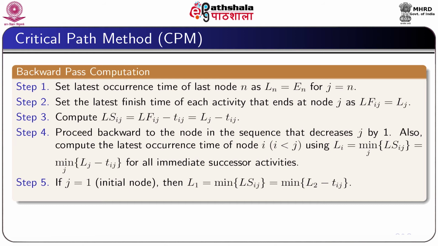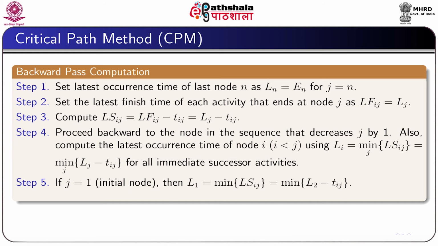Then proceed backward to the node in the sequence, decreasing j by 1, and also compute the latest occurrence time of node i, where i is less than j, by using the formula Li equal to a minimum over j of LSij, which is equal to minimum over j of Lj minus Tij for all immediate successor activities.